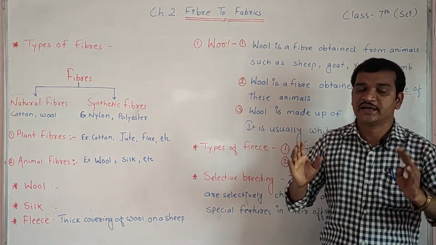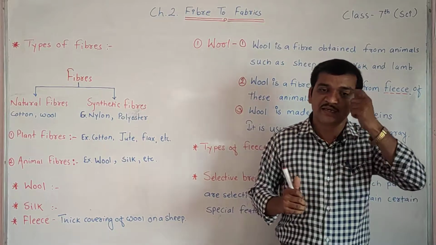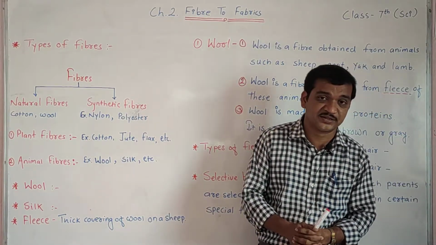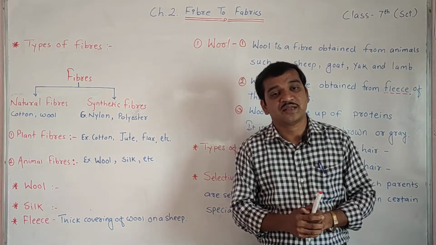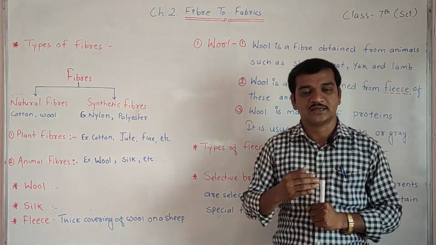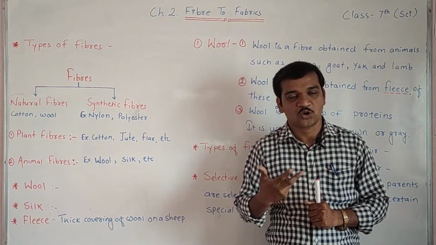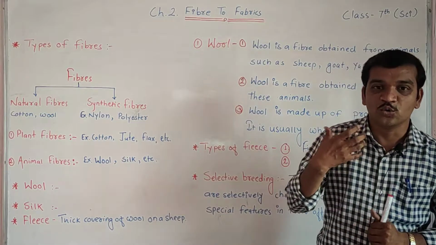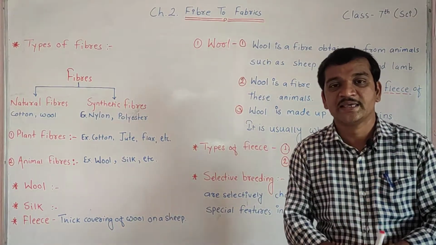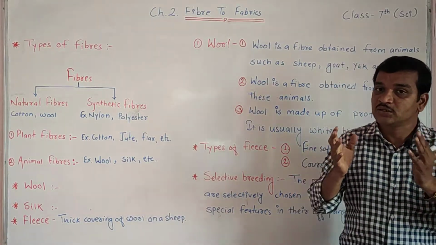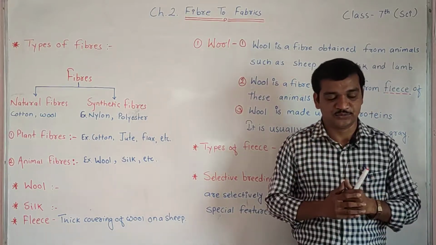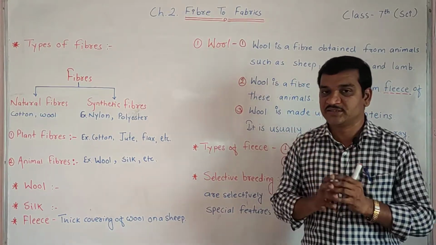Examples of natural fibers are cotton, jute, wool, silk. One more you can add, flax also.